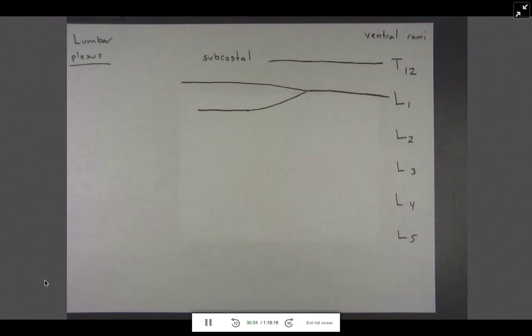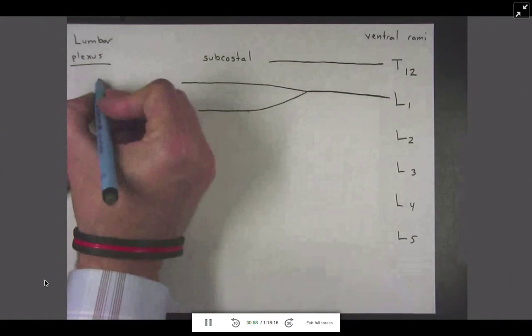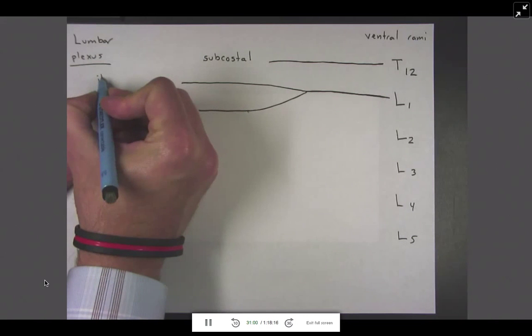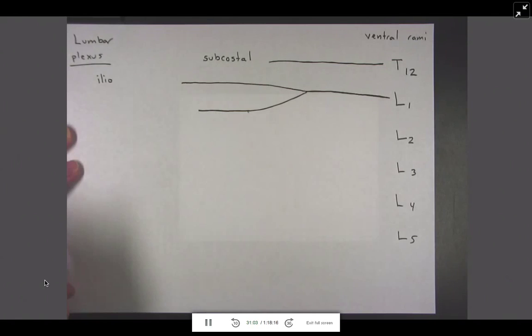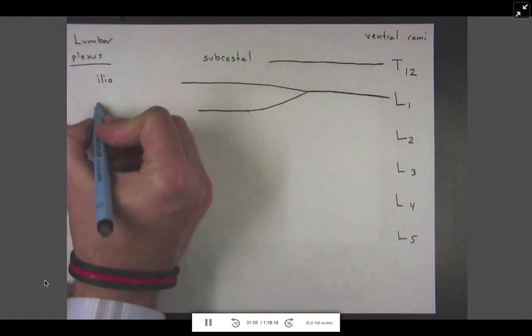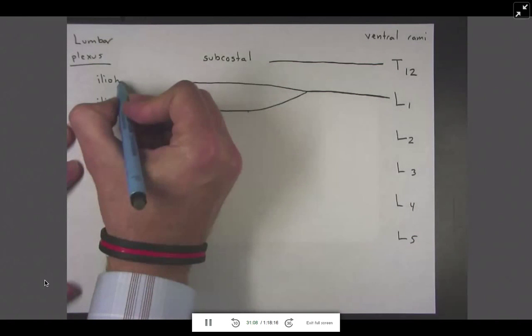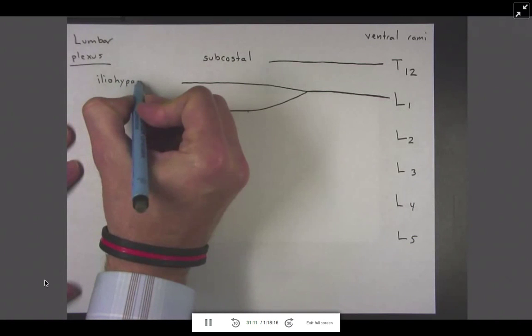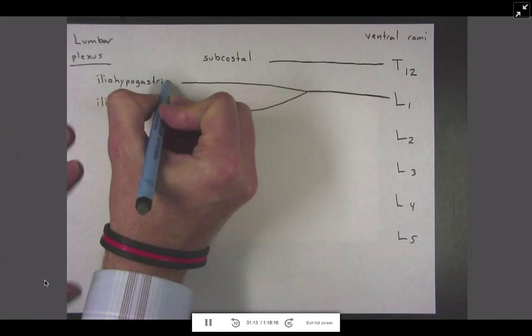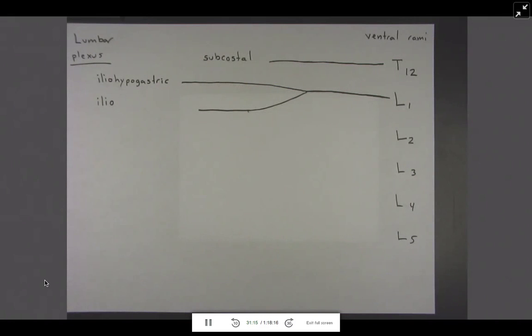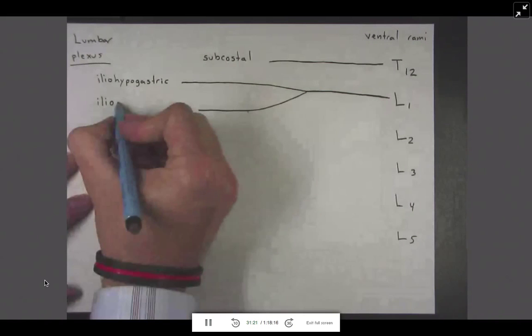But the concept is L1 branching and going into two nerves that I think we've all had our fun looking for. What's the superior ilio nerve you look for? Hypogastric. The iliohypogastric nerve is found superior to the ilioinguinal nerve.